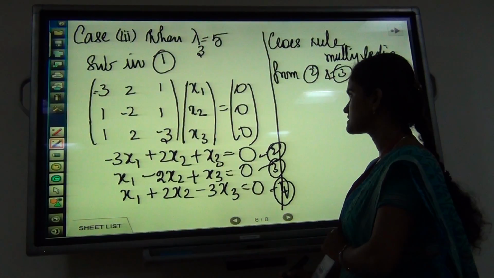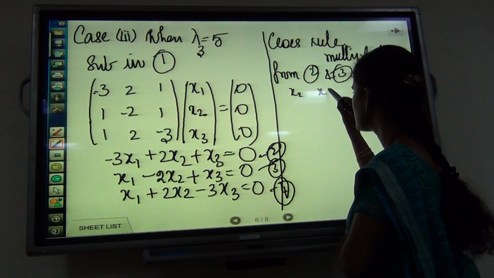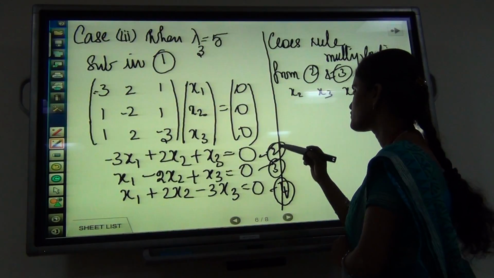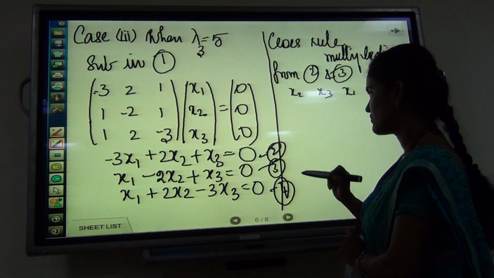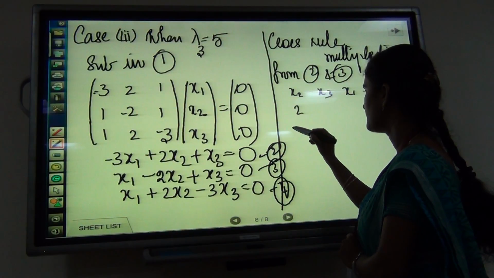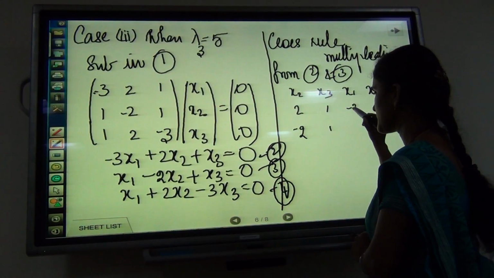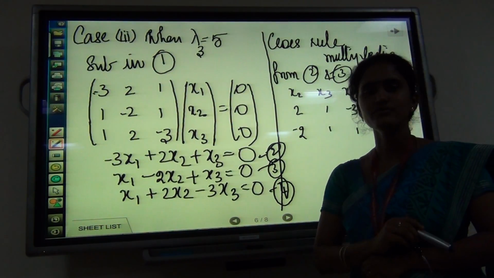So what do we do in cross rule multiplication? First let us collect the coefficients of x2, x3, x1, and we finally also end up with x2. Collecting the coefficients of x2 in the two equations, it is 2, minus 2, and x3 is 1, 1. This is minus 3, 1, and this will be 2, minus 2. Now how do we find the values?